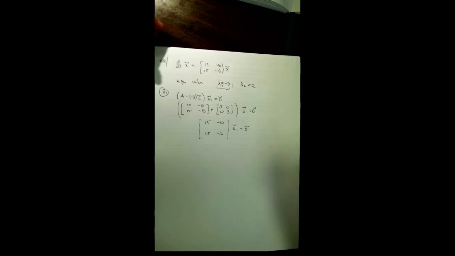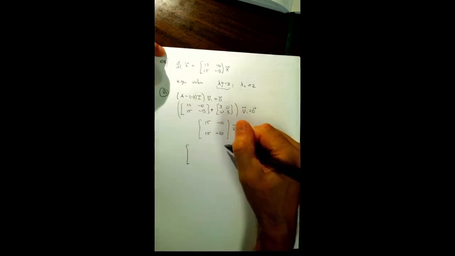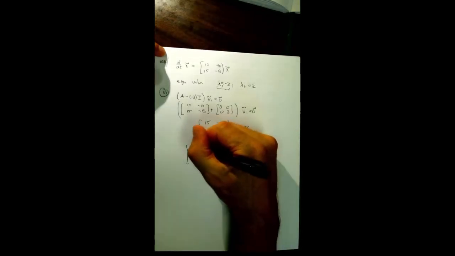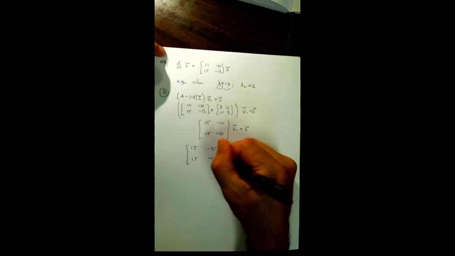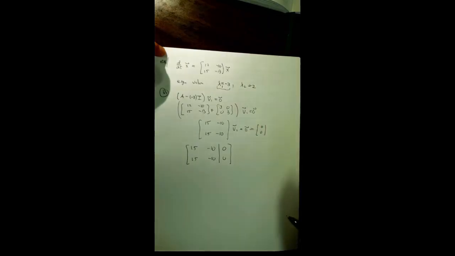So I need to solve this linear system, and we are in luck because we know exactly how to solve these things. I can now put this into my augmented matrix. Notice this 0 is a 0 vector, so that vector becomes that.